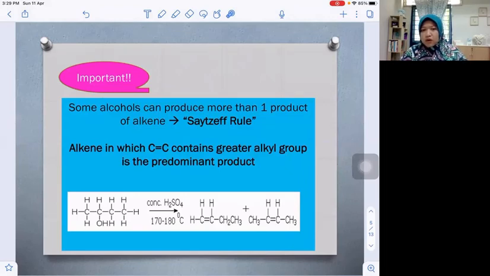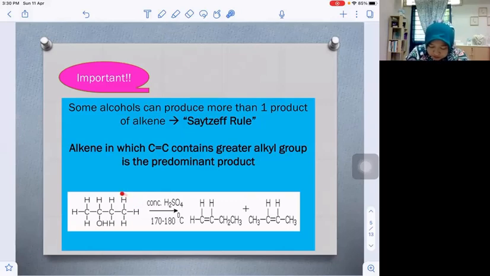When we have more than one possible product to produce alkene from alcohol or from haloalkane, we have to be able to identify which one is the major product and which is the minor product, by following the Saytzeff rule. The Saytzeff rule states that the alkene in which the carbon-carbon double bond contains a greater number of alkyl groups is the predominant product. The alkene produced that has more alkyl groups attached to the carbon-carbon double bond is the major product. That is the meaning of this Saytzeff rule.